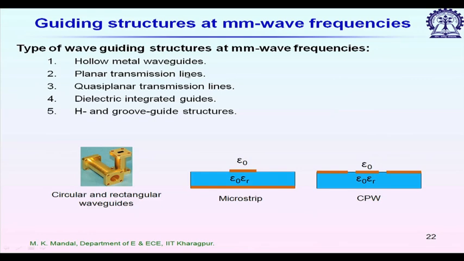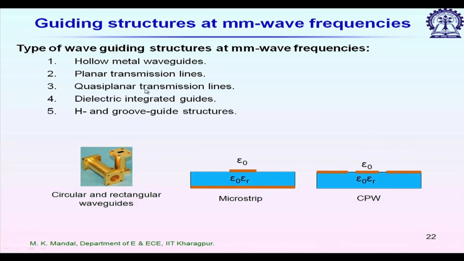Then the planar transmission lines. At microwave frequencies we use microstrip line, CPW line. At millimeter wave frequencies they are lossy, but for chip to chip communication we can still use it when its typical distance is not more than a few millimeter.